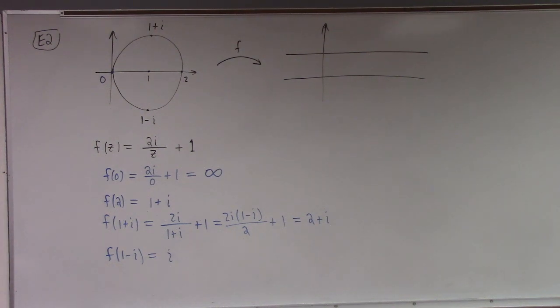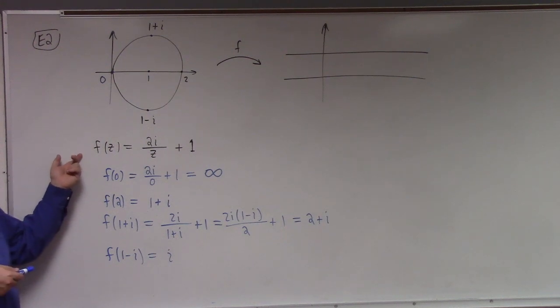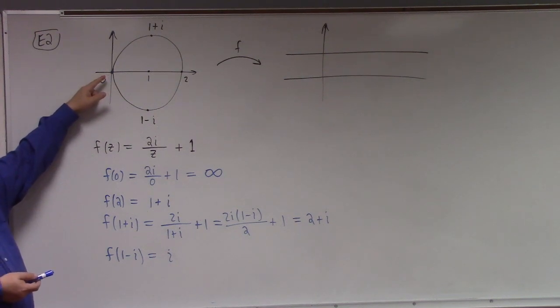Now, there's a theorem, which took me an hour to prove, that a fractional linear transformation maps generalized circles to generalized circles. And part of that, when you go through the proof, is that if your circle has the origin in it, it will map to a line, because it has to go to infinity.